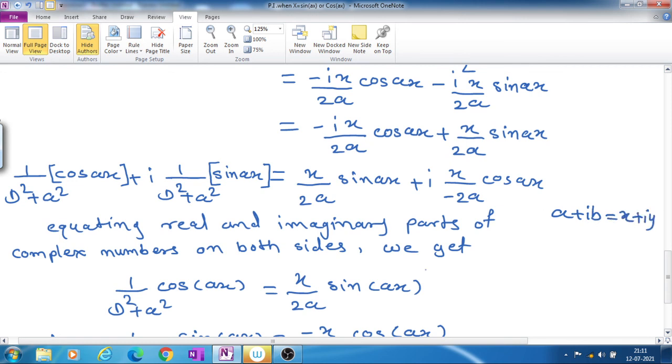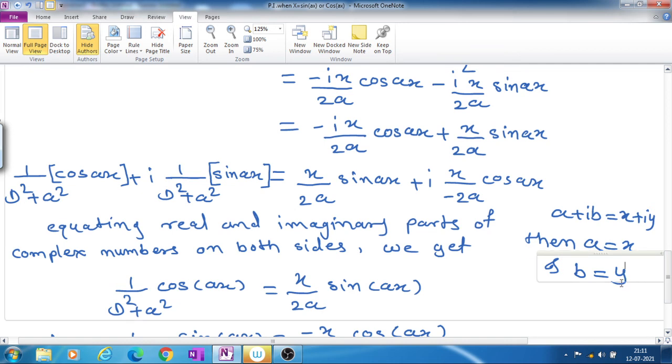If these two complex numbers are equal, then we know that a is equal to x, that means the real parts are equal, and b, the imaginary part, is equal to the imaginary part of the complex number on the right hand side.